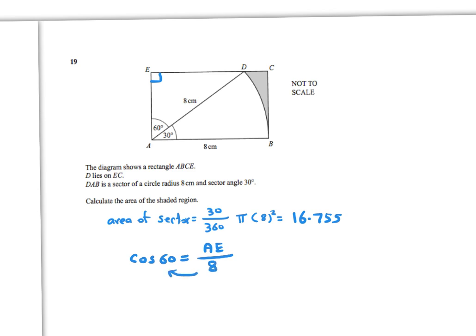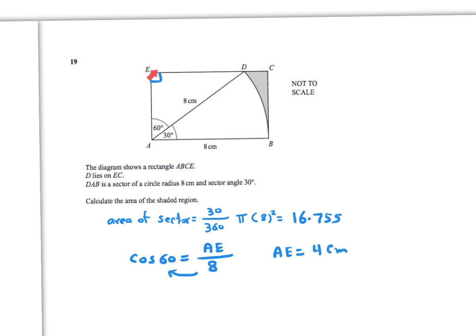So cross multiply. So now AE equals 8 times cosine of 60, which is 4. So AE is 4 centimeter.